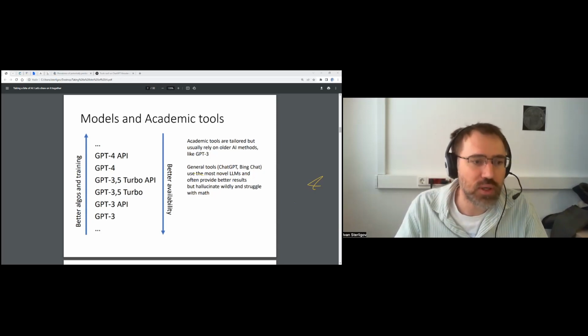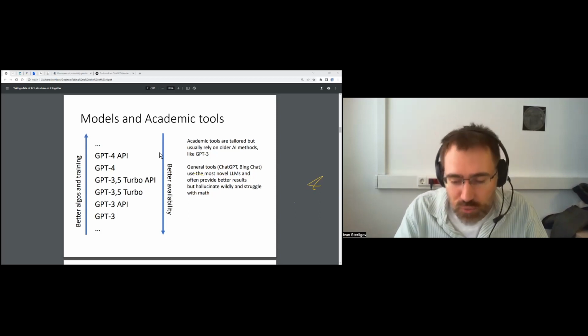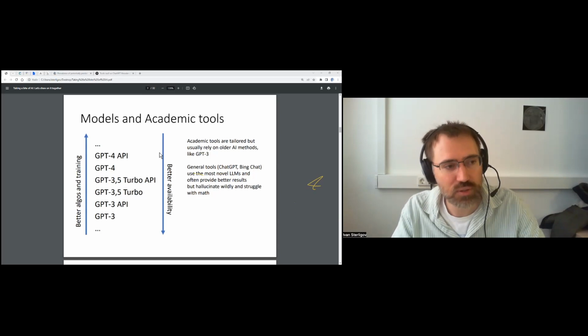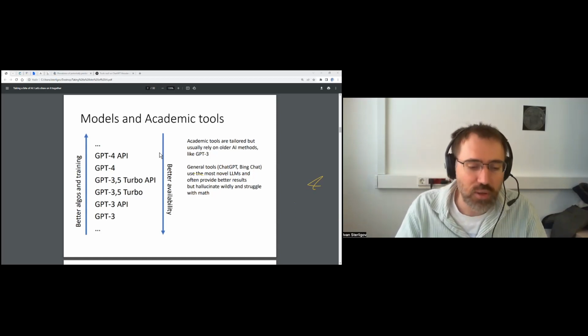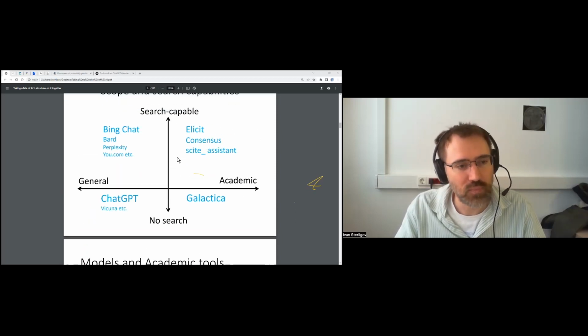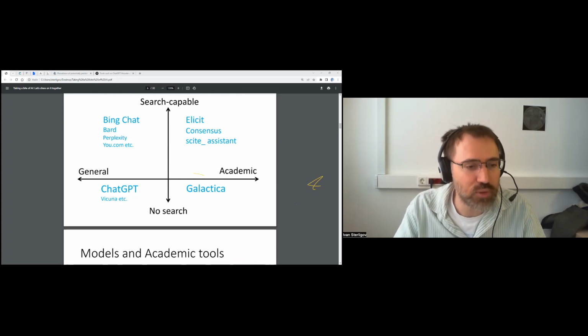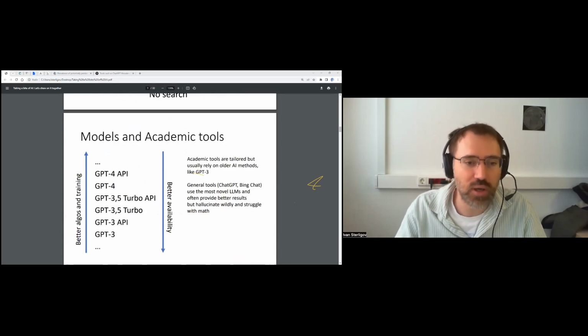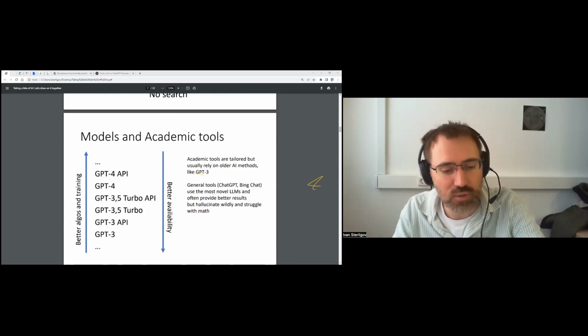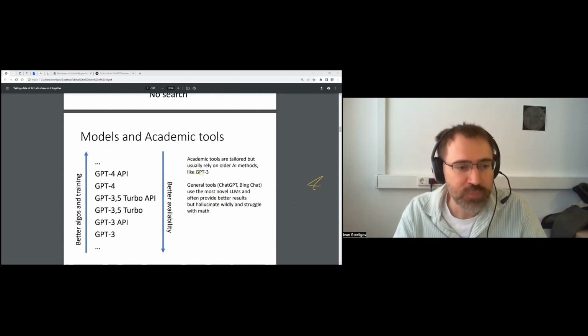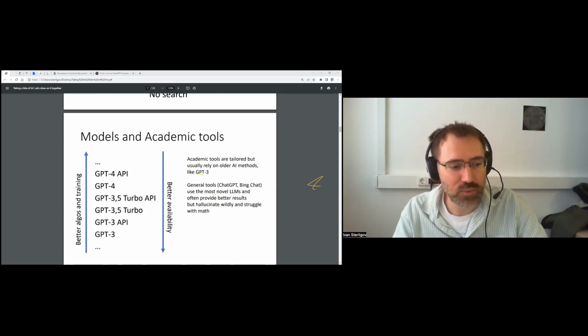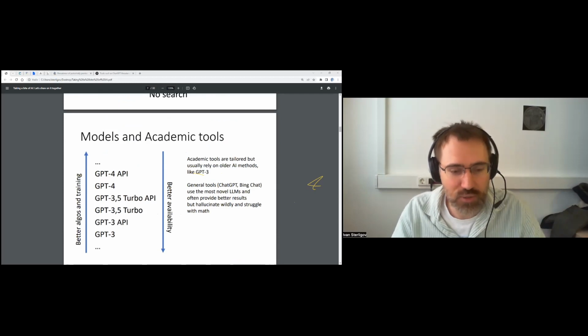What's important is that the most advanced tools like GPT-4 are used in these general models. They are not yet available to many of these new academic tools because OpenAI, which produces this groundbreaking technology, essentially sells access to them themselves.